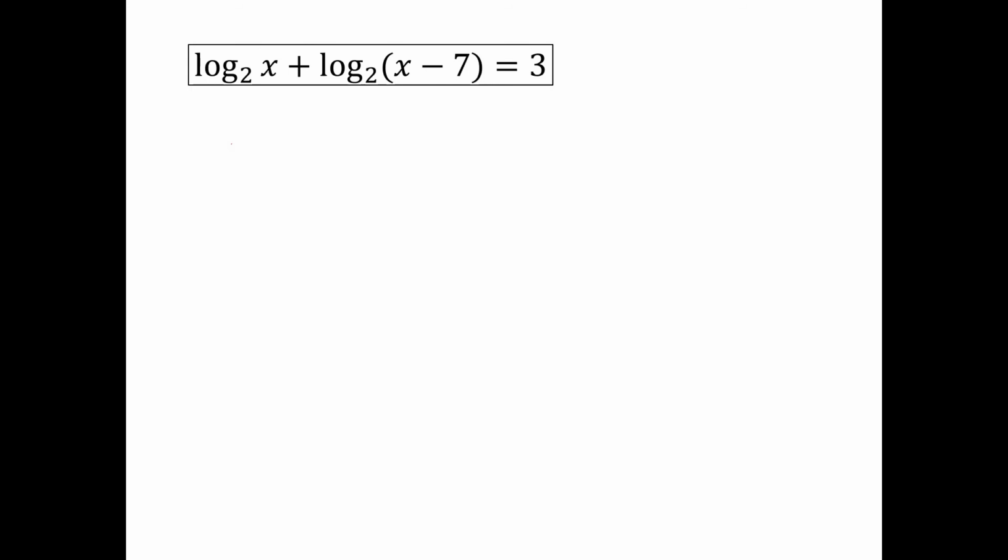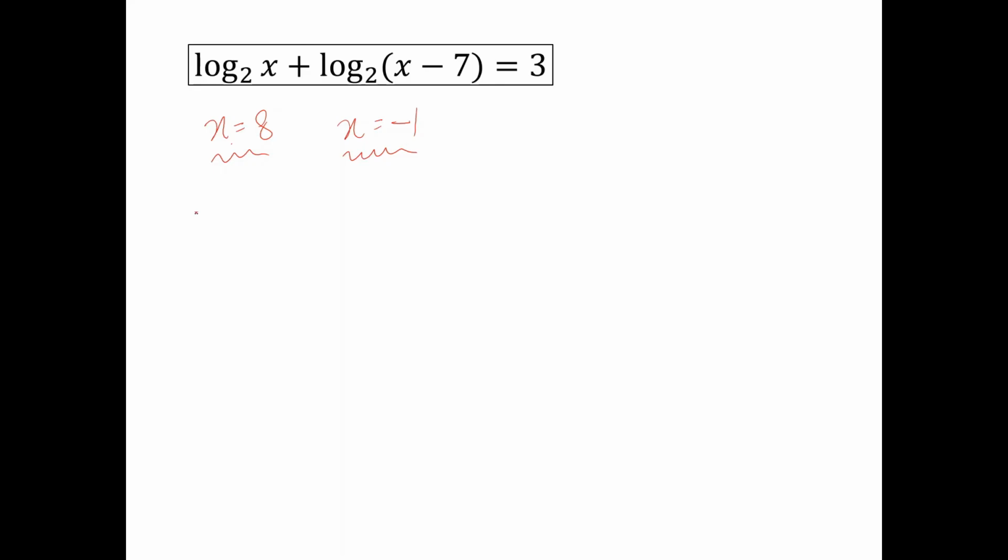So this is the original equation. We want to check x equal to 8 and x equal to -1. Which one is acceptable? So we try with x equal to 8.